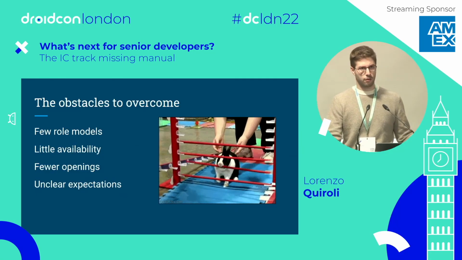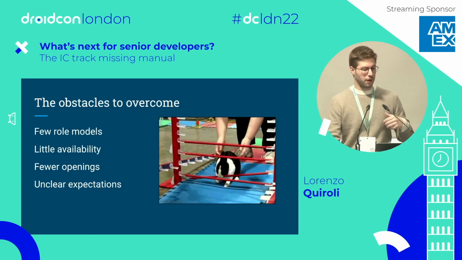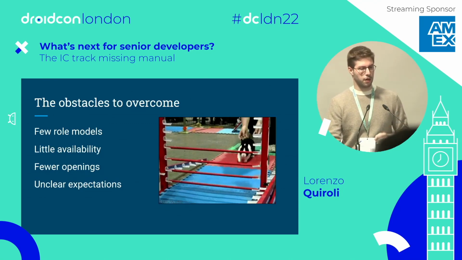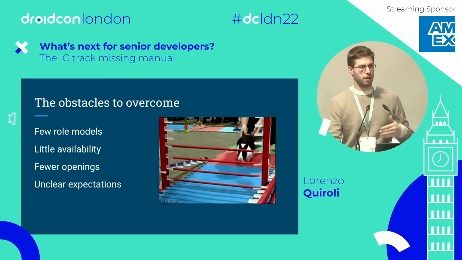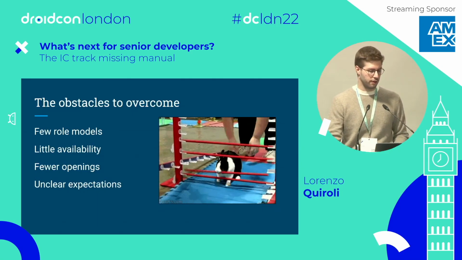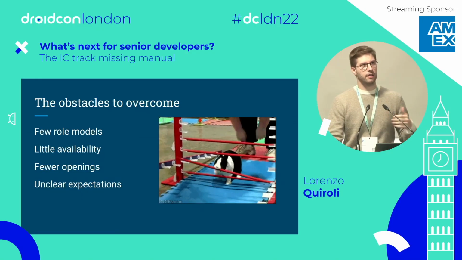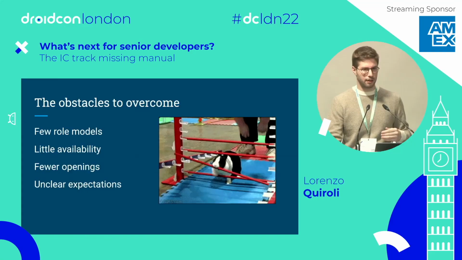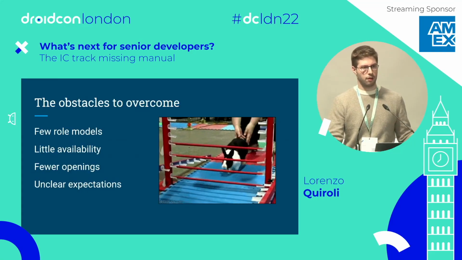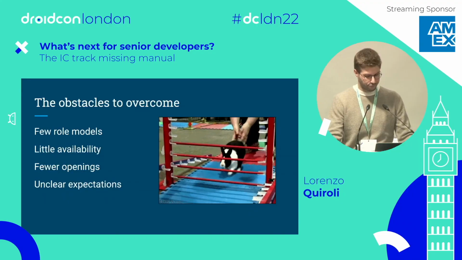There's also not a lot of job openings. There are some, especially in big tech, but it's way more difficult to become staff engineer by switching jobs compared to being promoted internally. Switching job is tricky. If you look at any job advertising website, you will see that there are more senior developer openings compared to staff engineer openings.